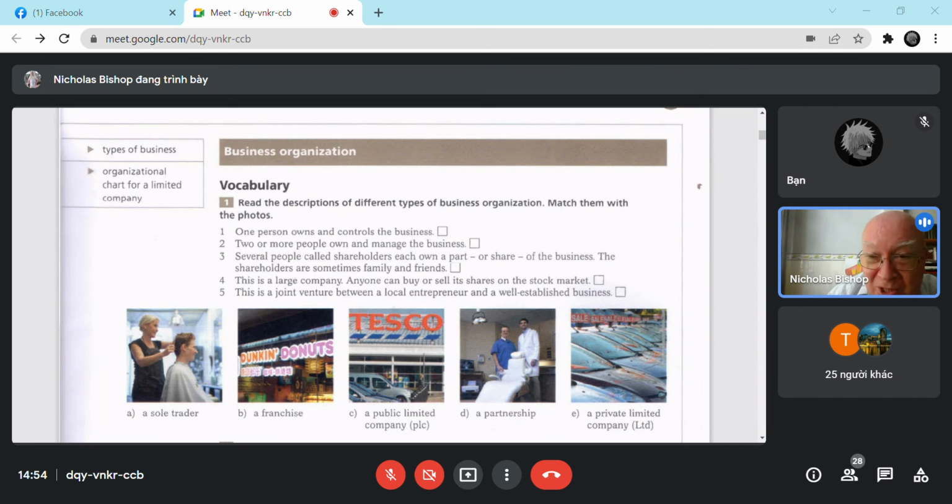So if it's just for men, usually we call it a barber shop. And sometimes they have extra services, like people who do their ears or something, which are sometimes women. But if it's a place for cutting women's hair, then we usually call it a hairdresser's.